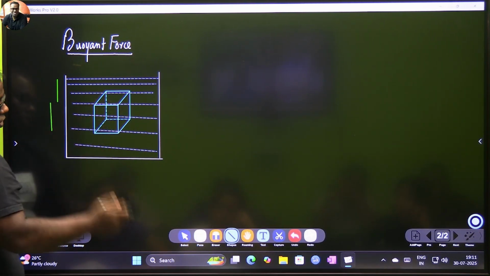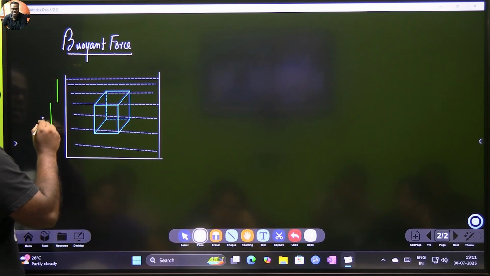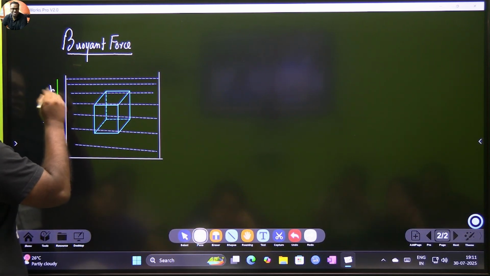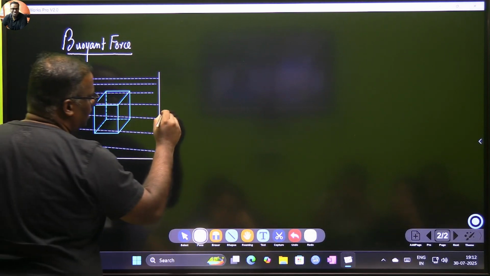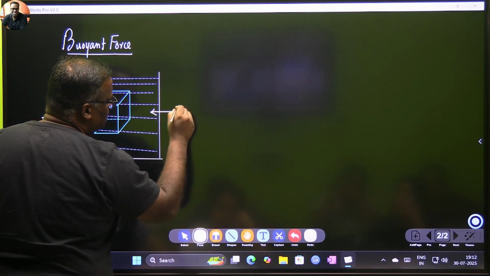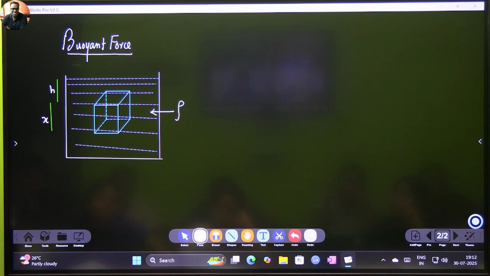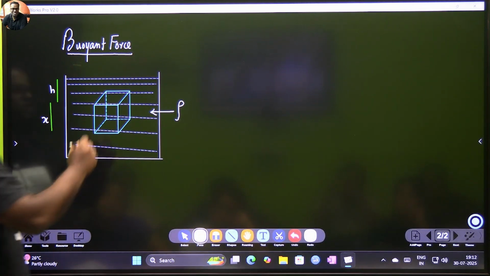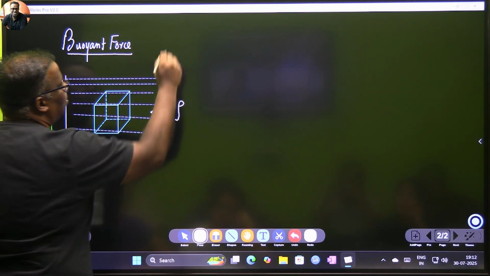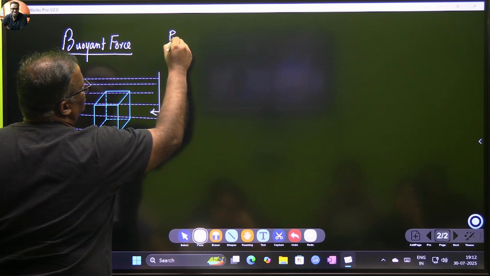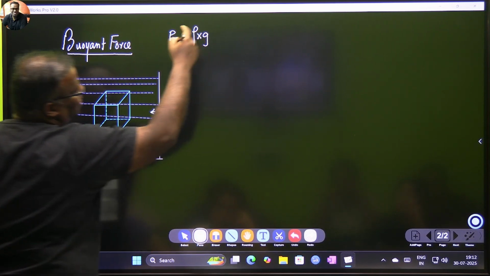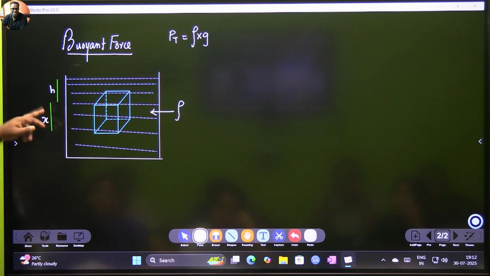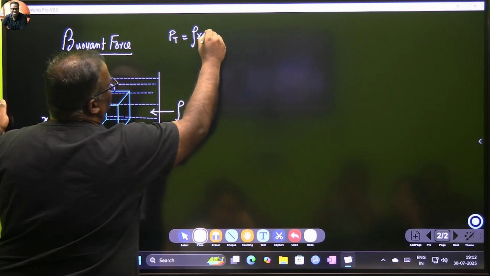This particular column has a distance which is say x, and this distance is h. We have a liquid, and the density of this liquid is say rho. Rho is the density of the liquid, right? And this is my top surface. So pressure on the top surface will be equal to rho into g. We had understood this formula, rho g h, in last class. So rho g into h. This is the pressure on the top surface.